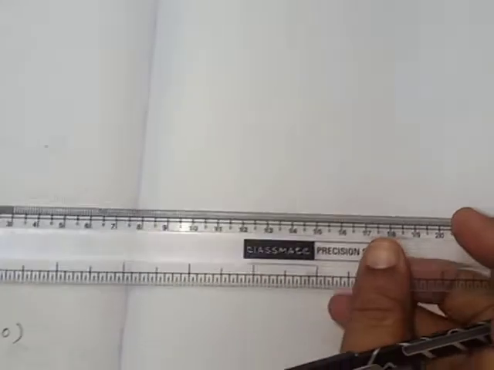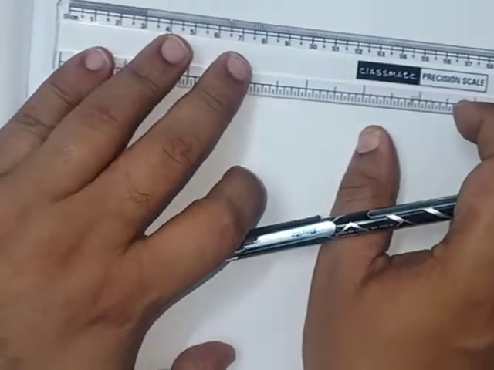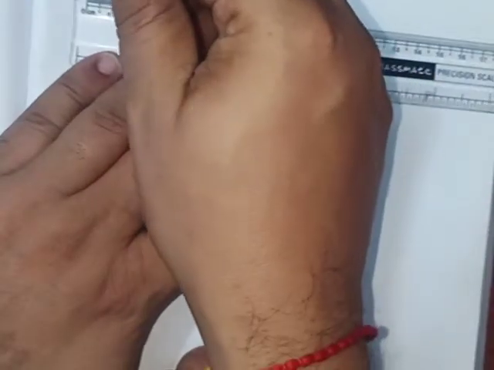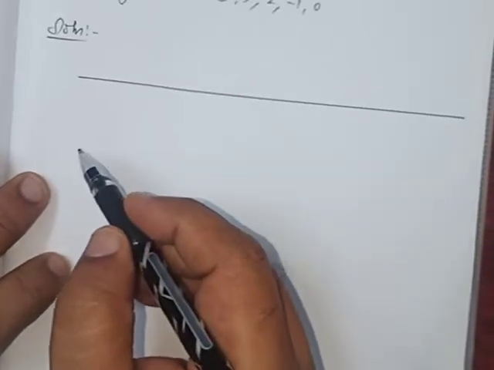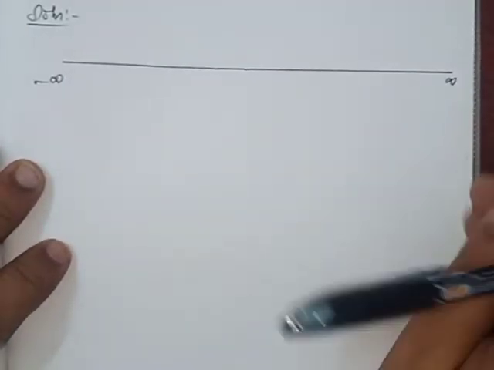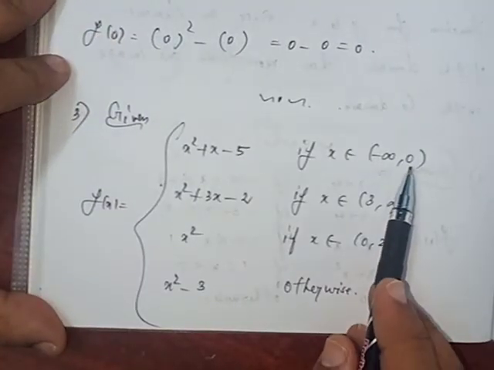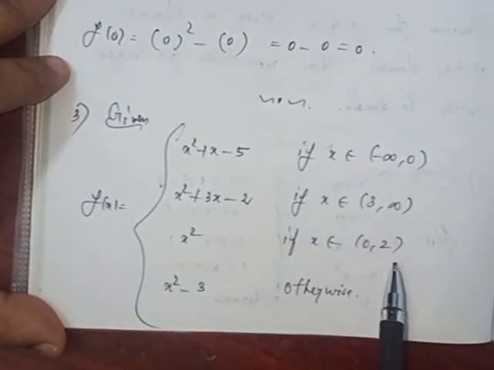First we can draw a number line. Here minus infinity, plus infinity. We have different numbers 0, 3 and 2.